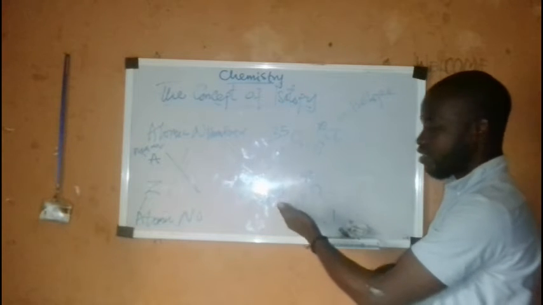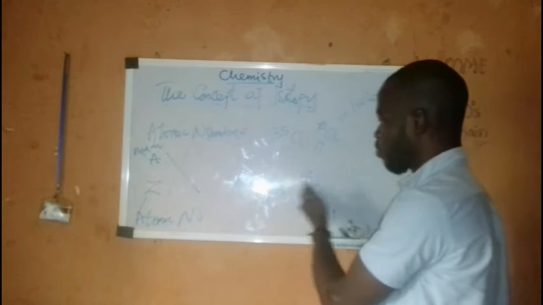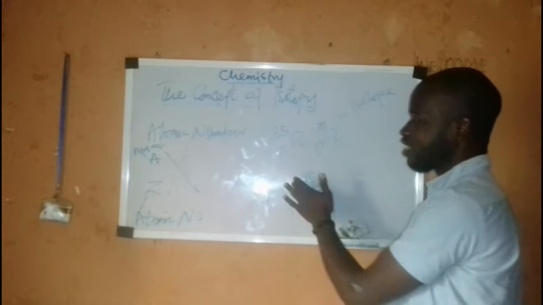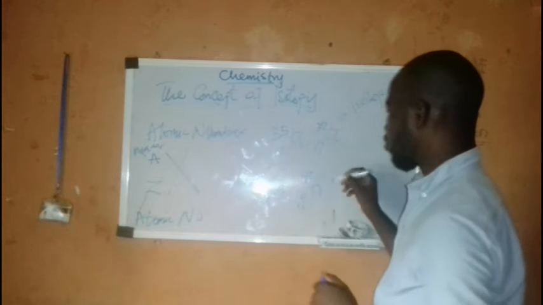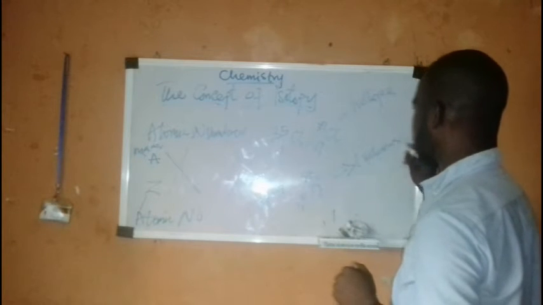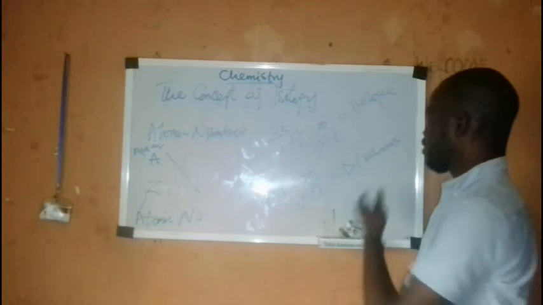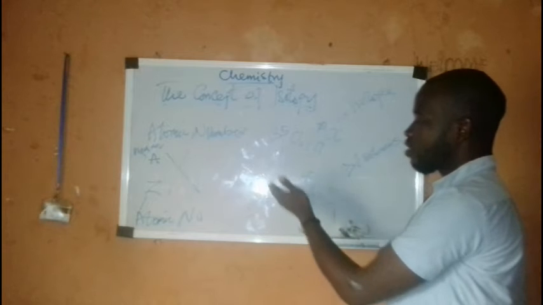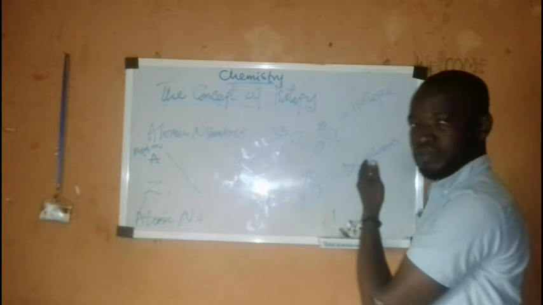Now these are two different elements, calcium and potassium, with the same mass numbers but different atomic numbers. In this case, what do we call these elements? These are what we call isobars. So different atomic numbers with similar mass numbers.